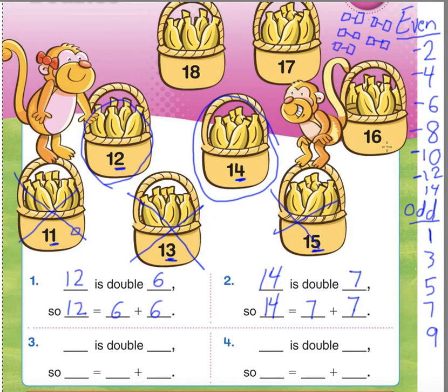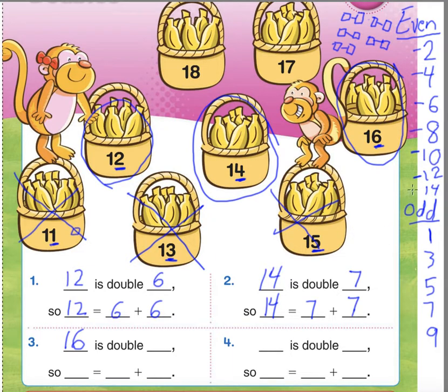What about 16? Look at the 6. Is 6 even? It sure is. So let's circle it. And we're going to write 16 down for number 3. Now we just have to think, what number do we double to get 16?